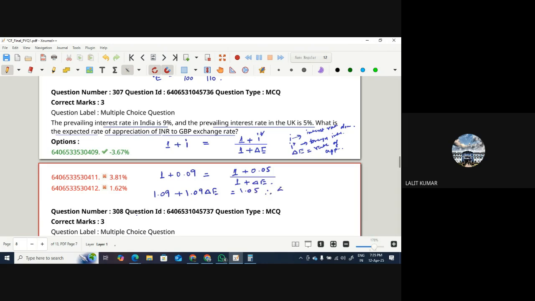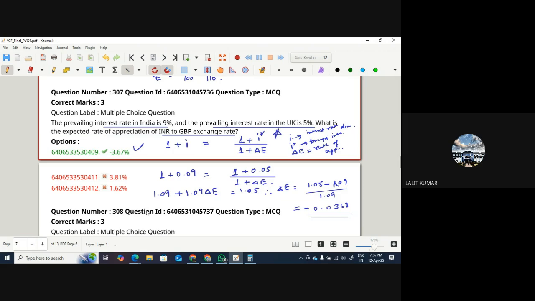Therefore, delta E becomes 1.05 minus 1.09 divided by 1.09. So you can see from the numerator that it is negative. And this will come as minus 0.036. It is okay. So remember this formula.